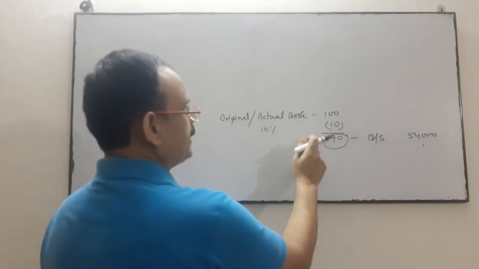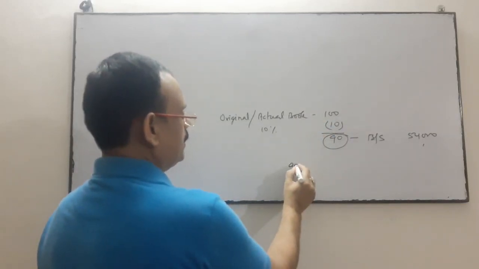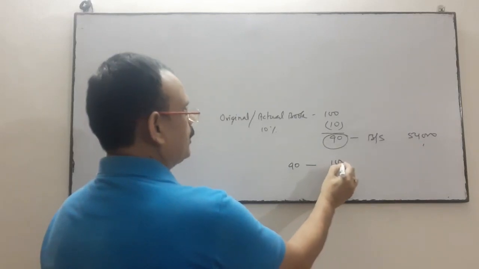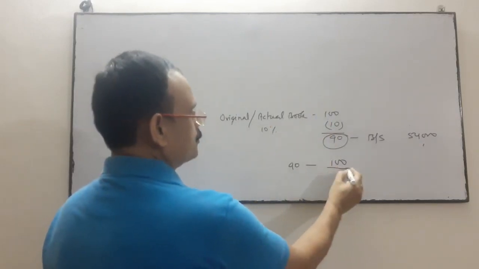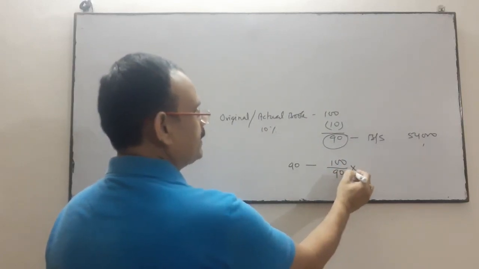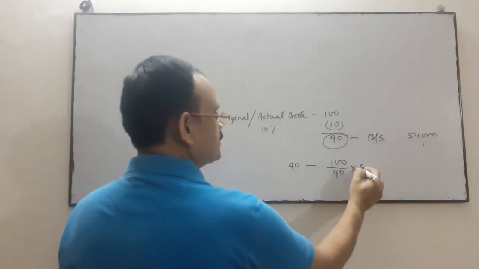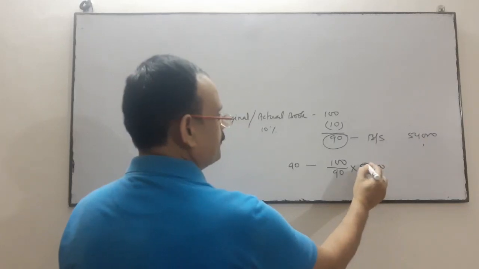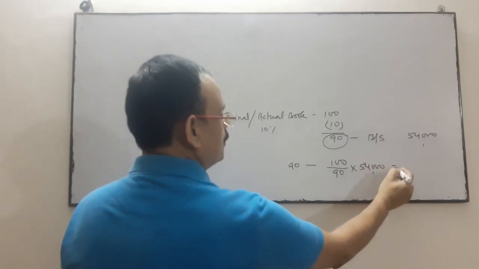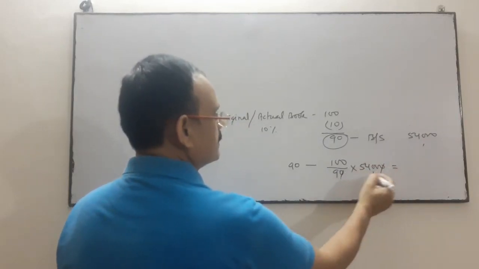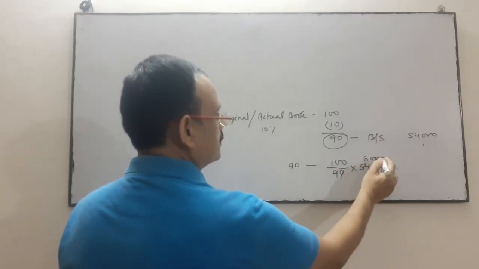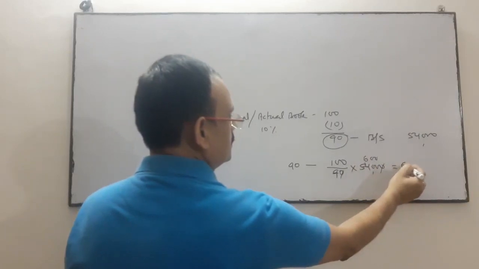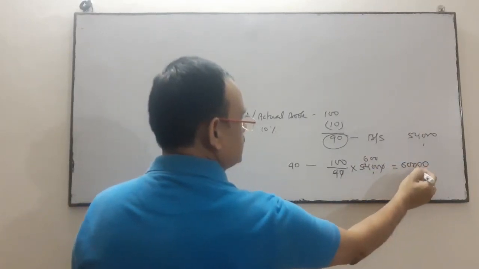So when it is 90, then the original or actual value is 100. When it is 54,000, which is reflecting in the balance sheet, the original is 60,000.